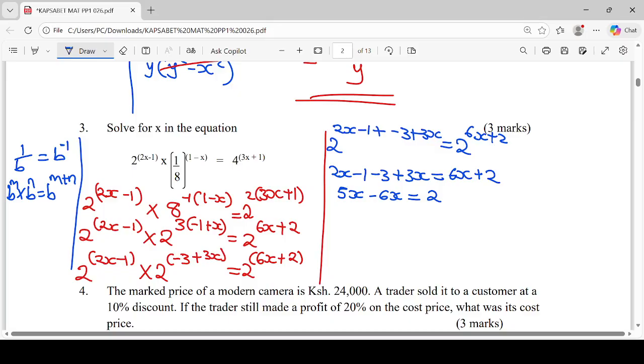On crossing to the other side, it will become plus 4. And if that is the case, 5x minus 6x, this is negative x, being equivalent to 6. Then it means the value of x is equal to negative 6. The value of x in that context is equivalent to negative 6. I hope I've done it the right way.